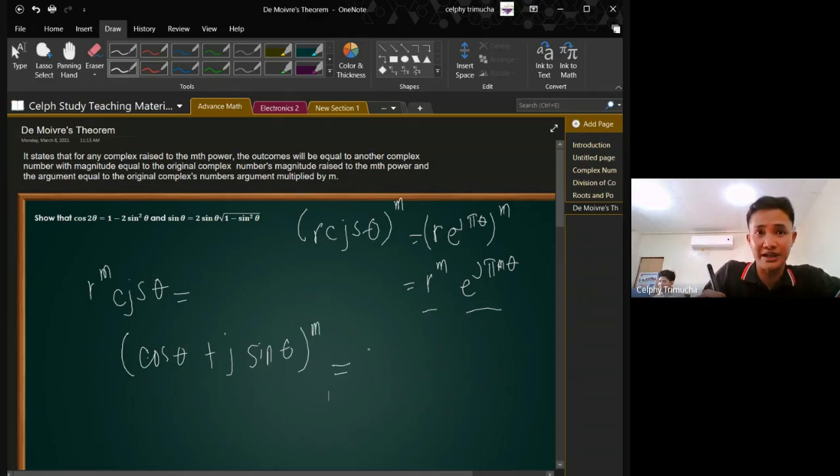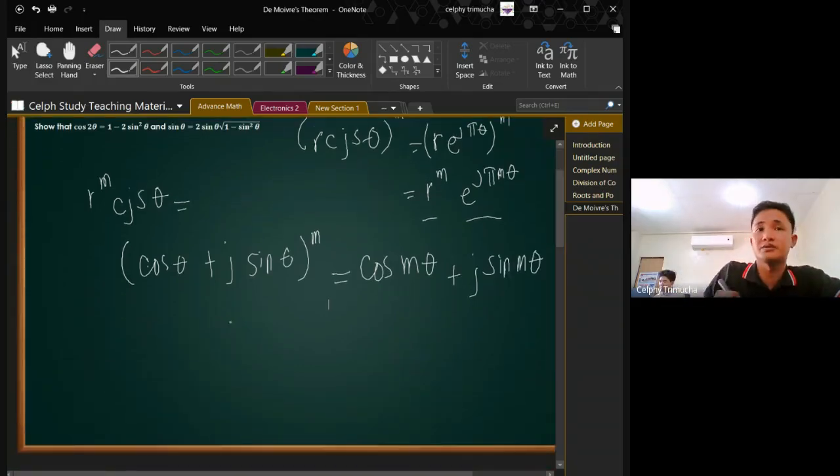This will be equal lang sa cosine m theta plus j sine m theta. So, kung anong imo naka-raise dari nga value, dapat equal lang siya sa amo nga equation basta ang imo nga m i-multiply mo sa value sa imo nga theta.